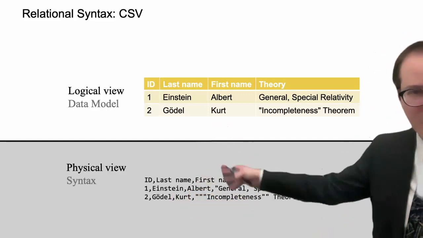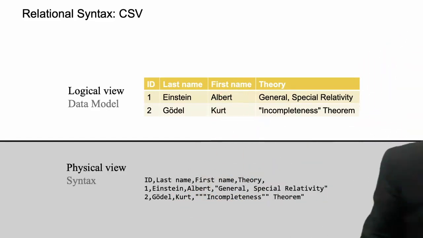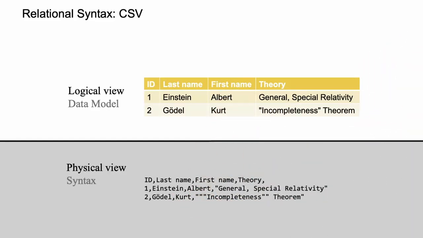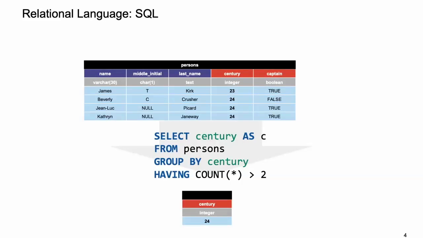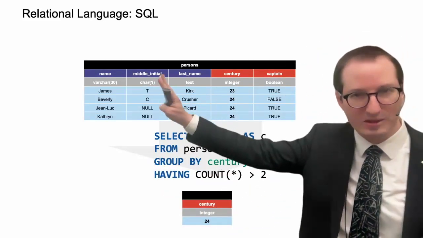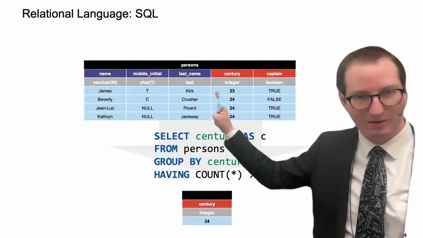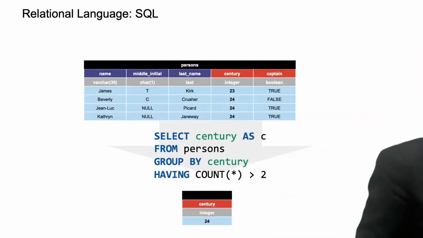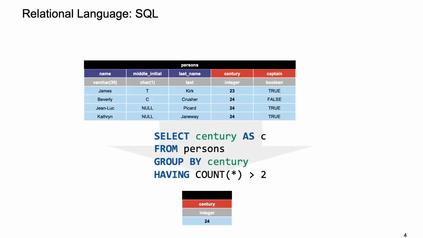But basically, we have a syntax, and that's the underlying syntax for this model, the relational model. Then we have languages. So in that case, SQL was made to process tables and manipulate tables and output tables. So this is the beautiful world of the relational model, the relational algebra, the relational query languages, and so on.